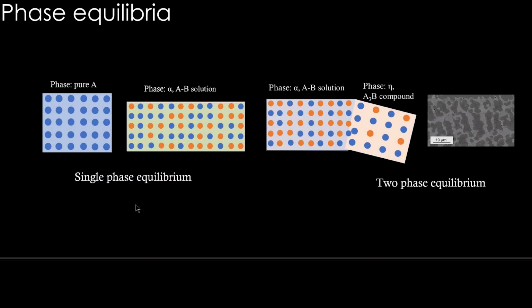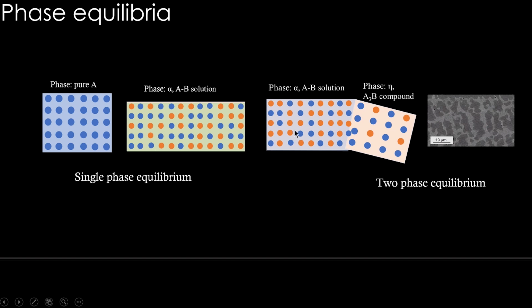Alright, so the word phase equilibria, which we have already seen, if I bring it here and recall the different hypothetical cases that we have seen, we can say that this pure A or the alpha AB solution, these are all single phase equilibrium. Only one pure A is there or one solution is there in the entire system. That is called single phase equilibrium.